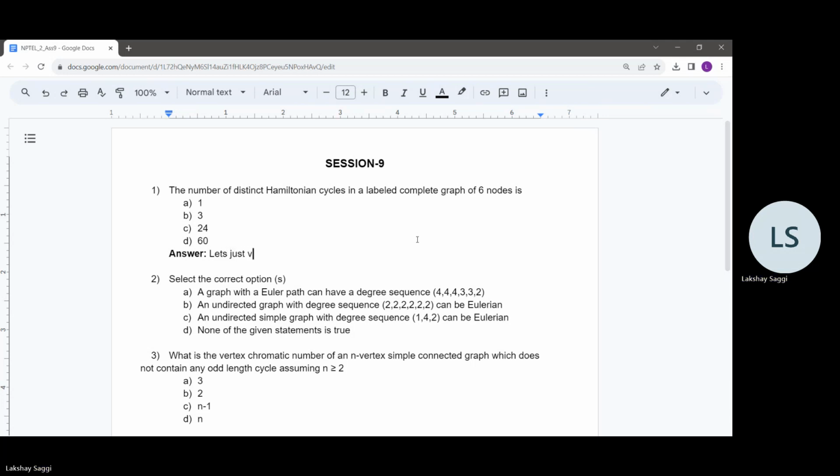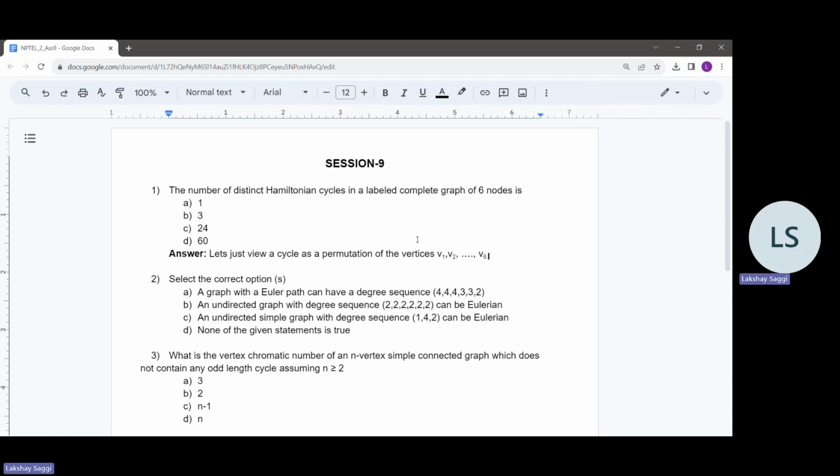Let's view a cycle as a permutation of the vertices. There are 6 vertices, so I'll label them V1, V2 till V6. What I'm trying to say is, if I write one permutation which is V1, V2, V3 up to V6, then another permutation of vertices can be V2, V1, V3, V4, V5, V6.